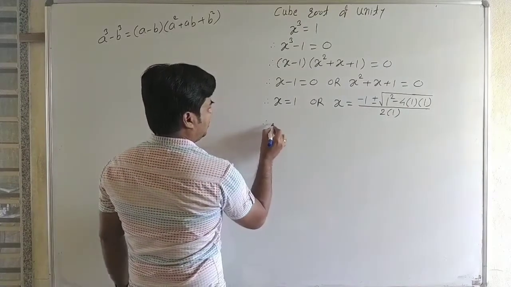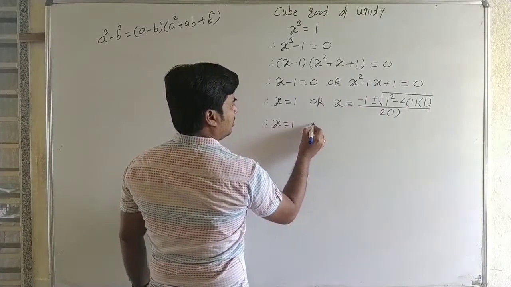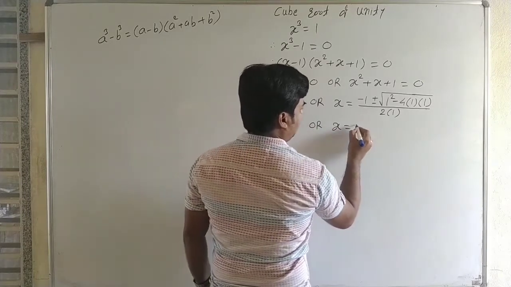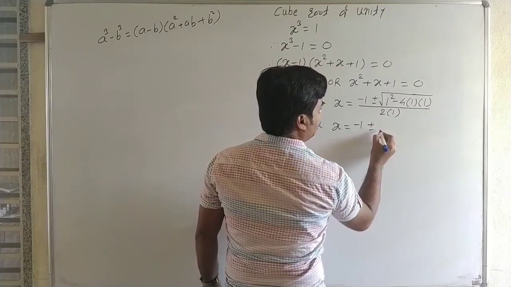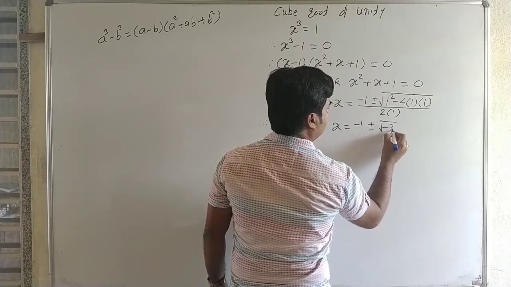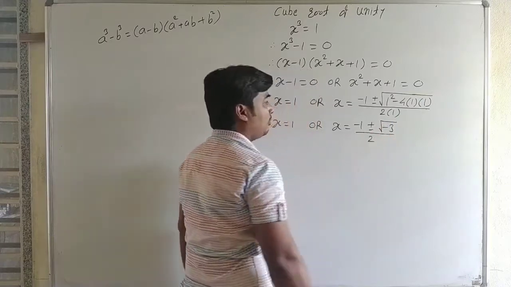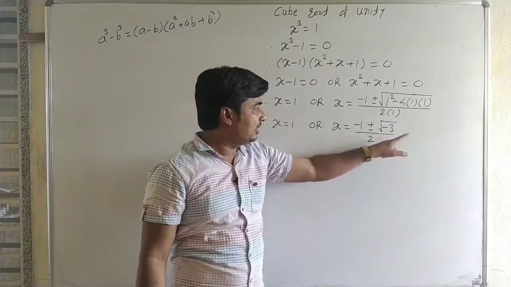Therefore x is equal to 1 or x is equal to minus 1 plus or minus under root of (1 minus 4), that is under root of minus 3, upon 2. Under root of minus 3 means an imaginary number, that means a complex number.